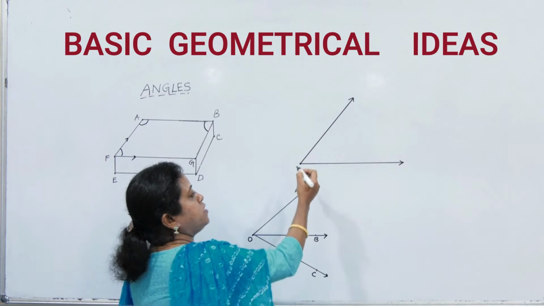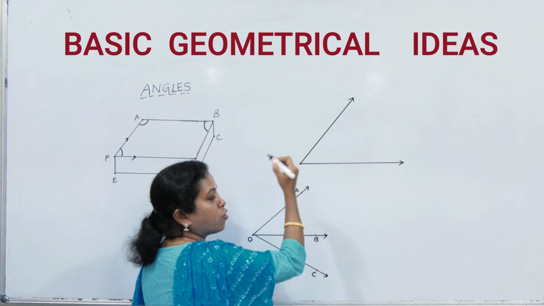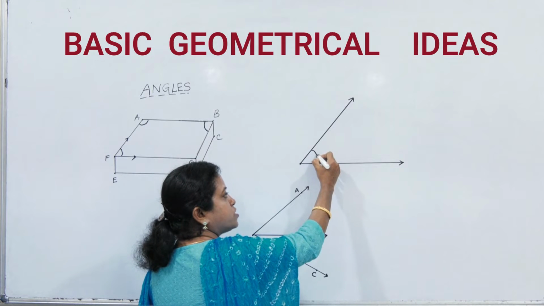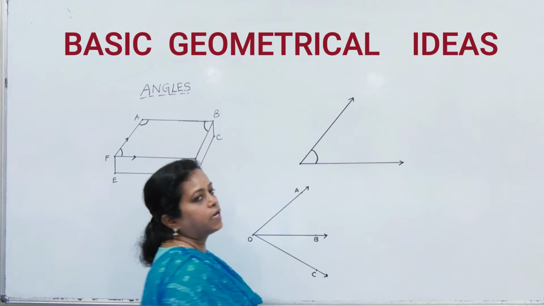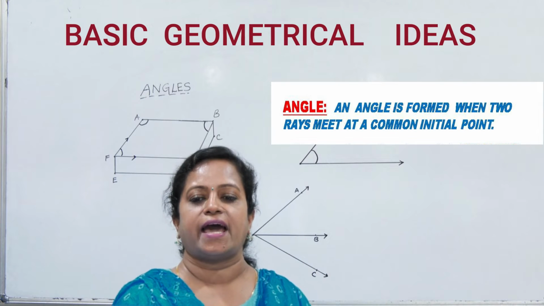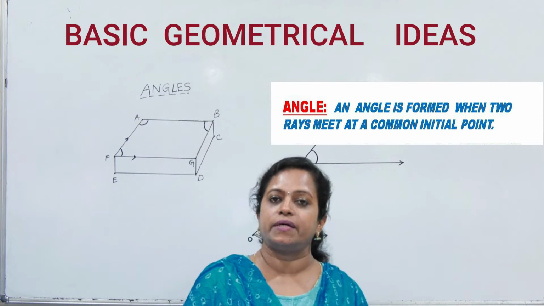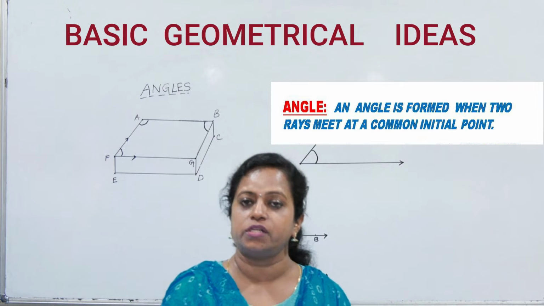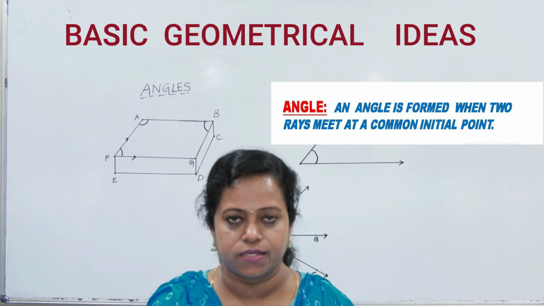So where these two rays meet, you have an angle formed which is marked by this curve. Clear? So we say when two rays meet at a common initial point, what is formed? An angle is formed.